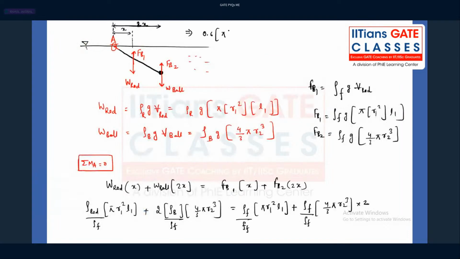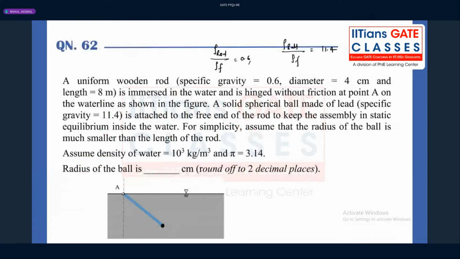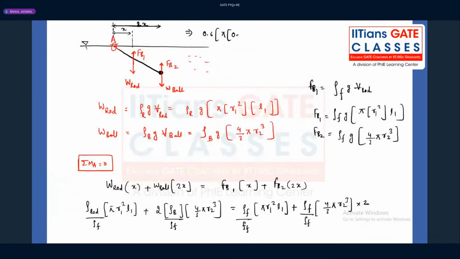0.6 pi. What is r1 square, guys? What is the radius? It's 0.02 square into the length, which is given as 8 meter, plus 2 into 11.4, 4 by 3 pi r2 cube. What is the value of r2, guys? That we need to find out.